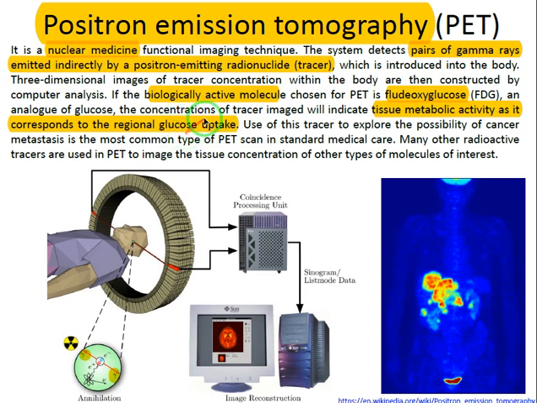So by uptaking the glucose, also the radionuclides which are connected to our glucose will accumulate in the tumor, and as a matter of fact, we can get better localized positron emission tomography images of the cancerous tissues.